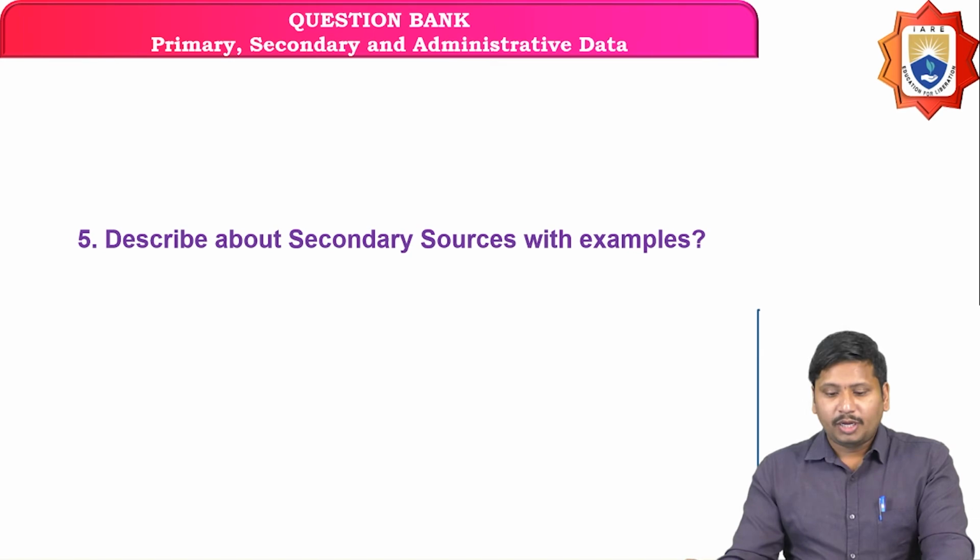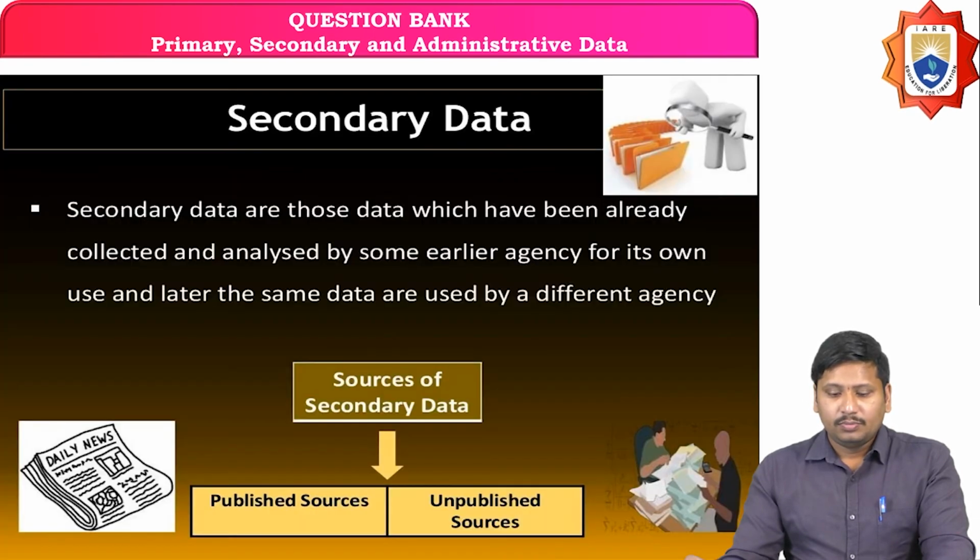The next one is: describe the secondary sources with examples. Secondary data is data collected and analyzed by some earlier agency for its own use. Later that same data is used by a different agency. That is the example of secondary data.